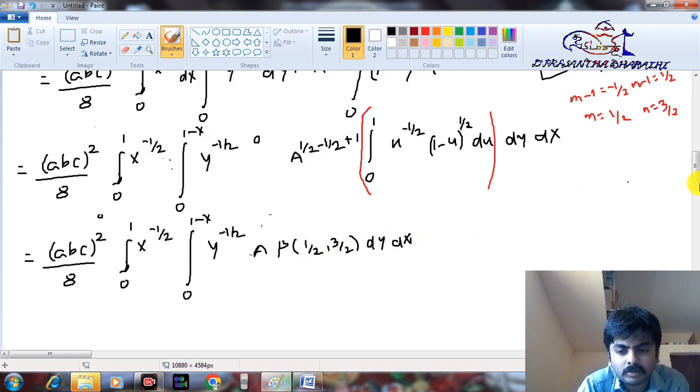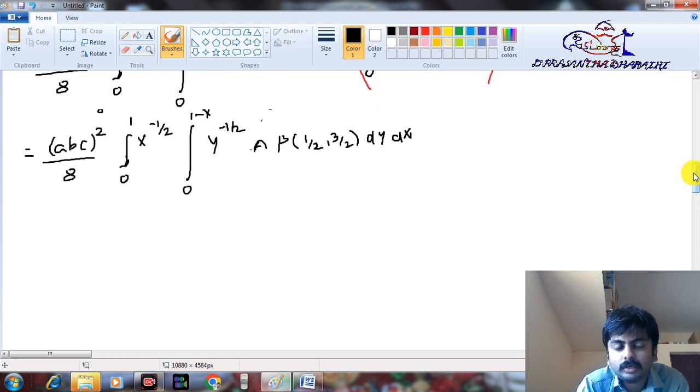Now since there are only a minimum number of terms, I don't want to take this x and y back, because I can manage writing this without any error by simply looking at this.